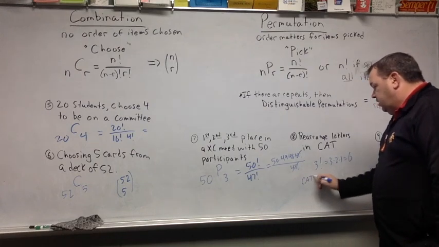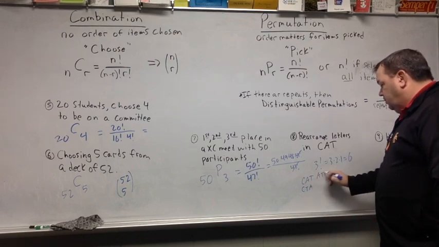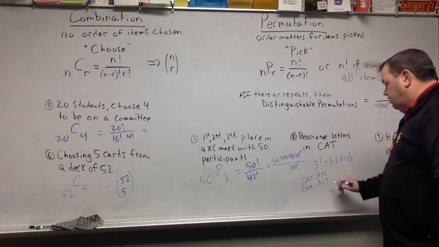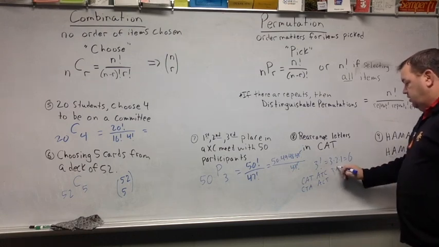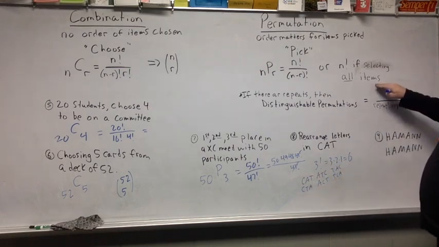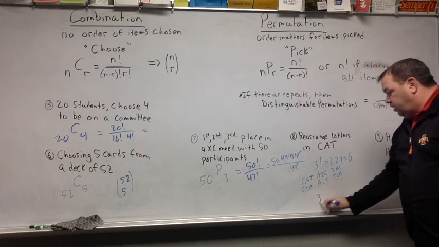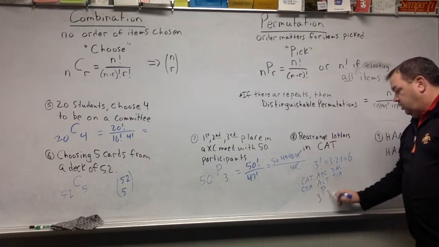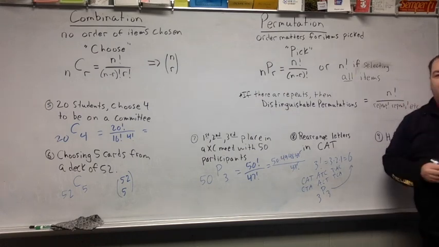So I have CAT, CTA, ATC, ACT, TAC, and TCA. Those are my 6 ways. I used all of them, so I used this version instead of this. But you could still plug in 3 pick 3, and it'll get you all 6. So that calculation still works.